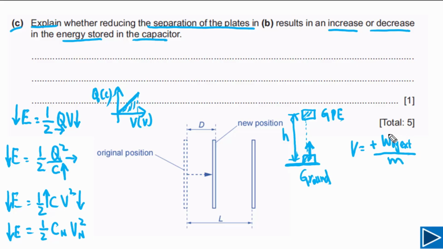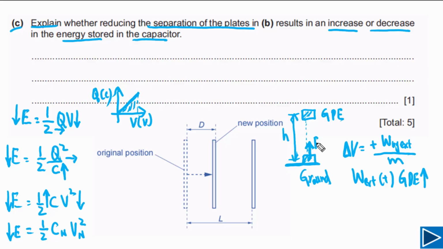If the work done by the external agent is positive, it means the change in potential is positive, so the change in GPE is positive. Simply put, if the work done by the external agent is positive, gravitational potential energy increases.